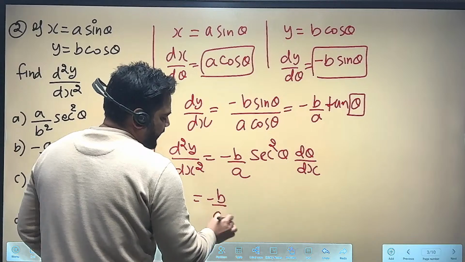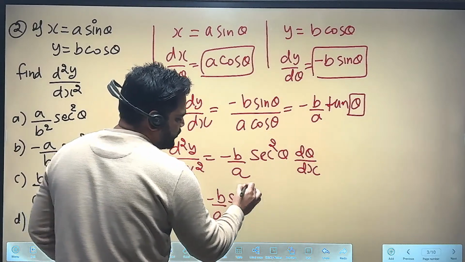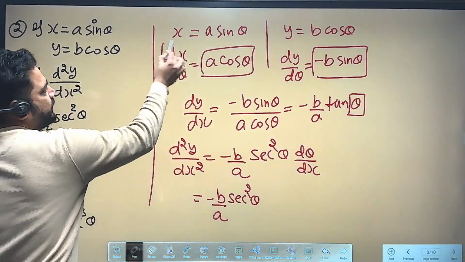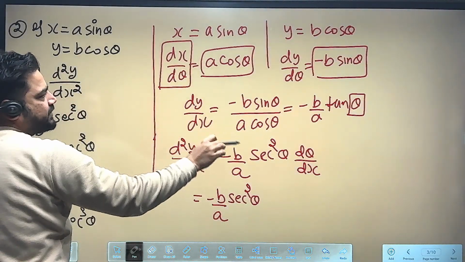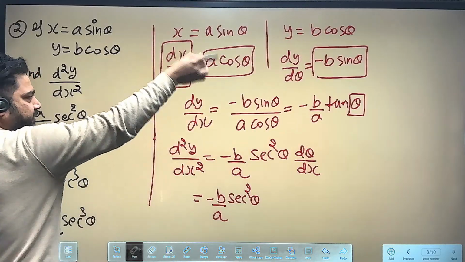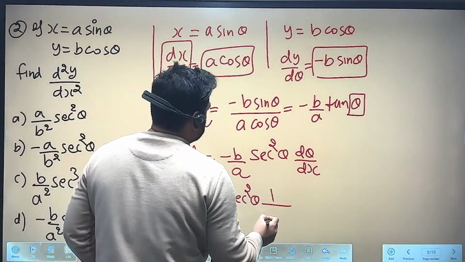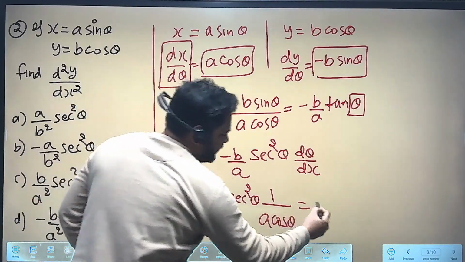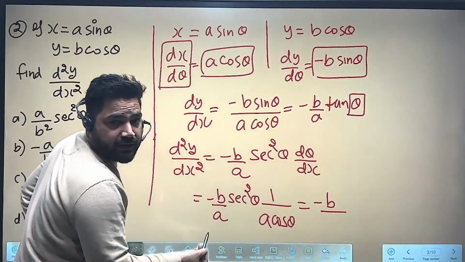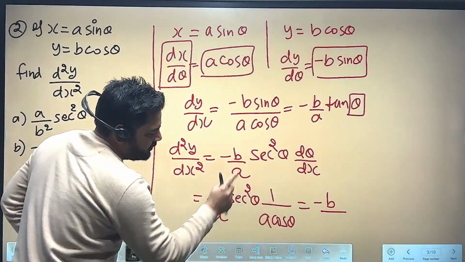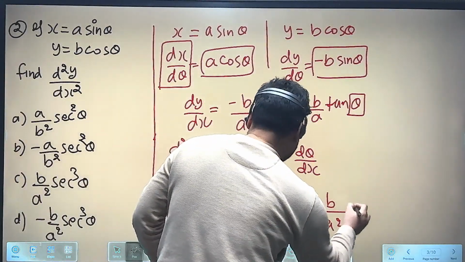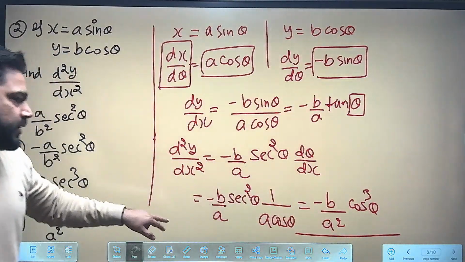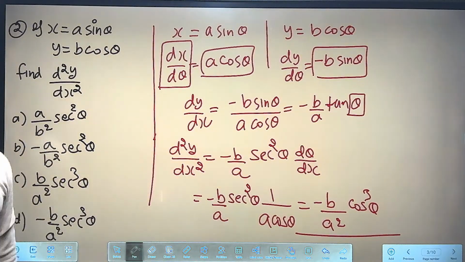So it will be minus b by a secant square theta and d theta by dx. D theta by dx you can find from here. Just do its reciprocal. So it will be 1 upon a cos theta. So this is the answer, minus b upon a square, and this cos will go there, so it will be minus b by a square secant cube theta.